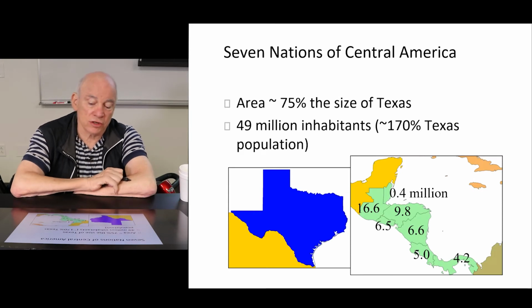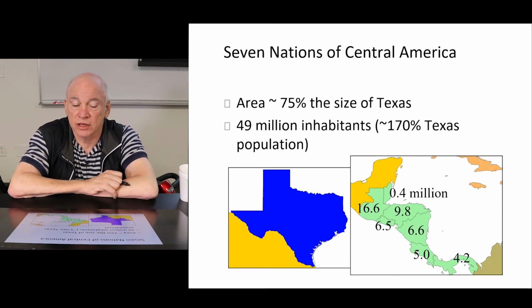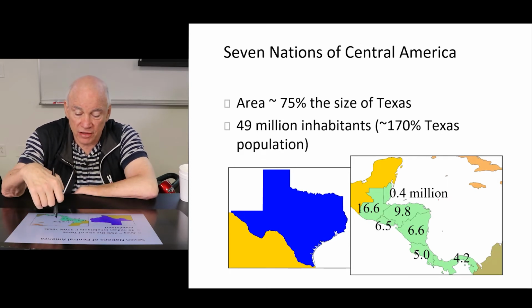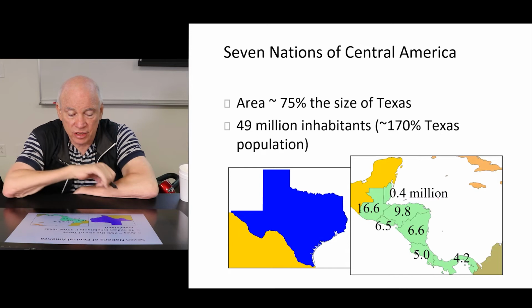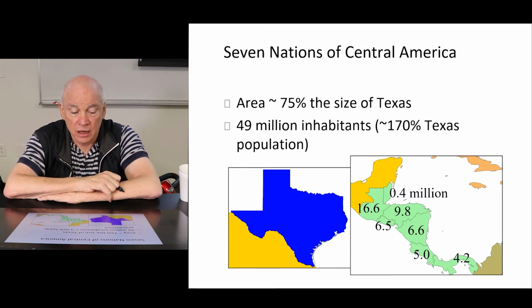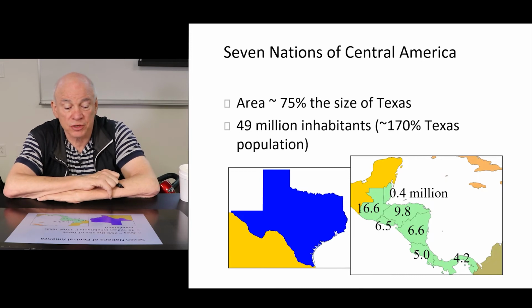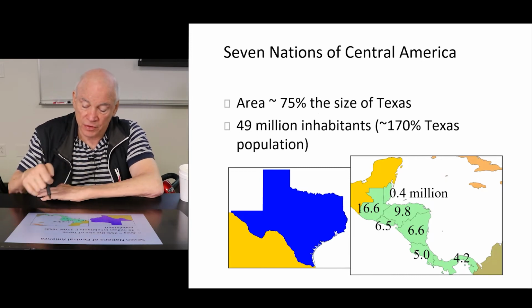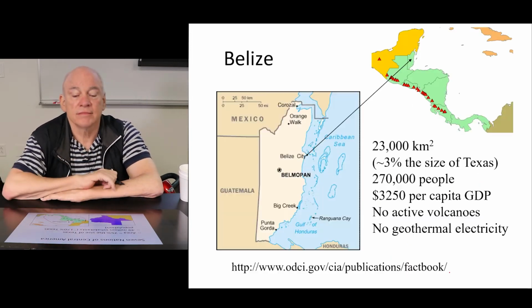All right, so let's just talk a little bit more generally about the 7 nations of Central America. So if we put them all together, they would make a country that was about 3/4 the size of Texas. And they have 49 million inhabitants compared to our 30, so about 170% of the Texas population in these 7 countries.